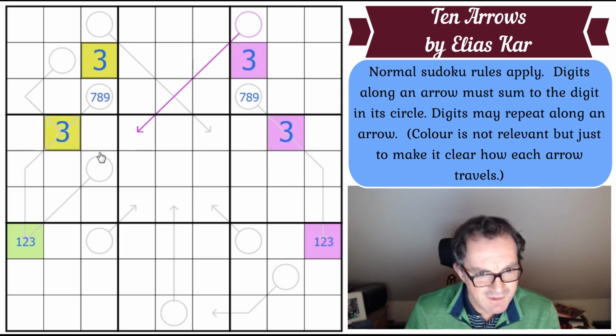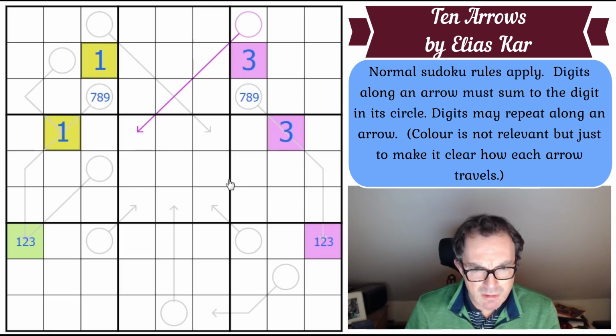Now, if I try and put low digits into these yellow squares, where can I put them? The thing is, if I make that one a 2, I now can't put the 2 here. So it has to go on the same arrow.